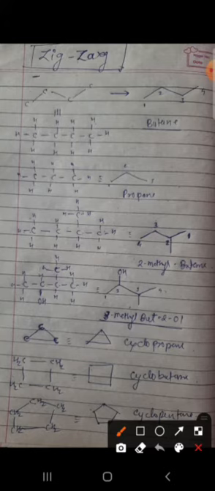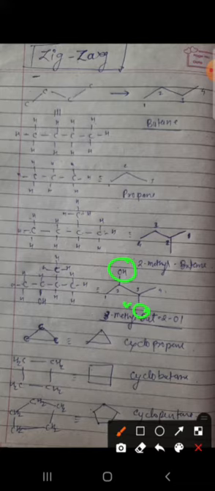So this is another structure, for 3-methyl 2-butanol. Simply we can write it like this, but your zigzag structure is like this. There are 4 carbons, 1 2 3 4, with a substitution over the first carbon, an OH group on the second carbon, and a CH3 group on the third carbon.